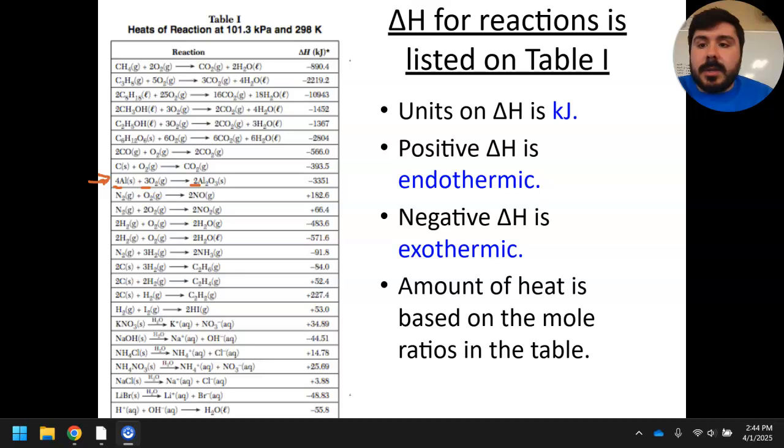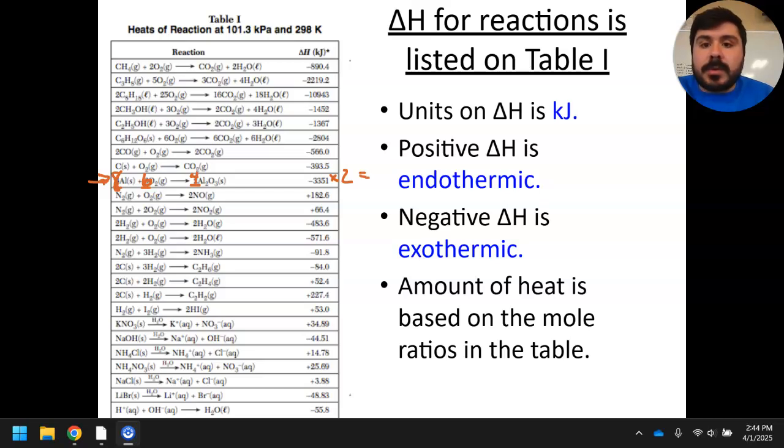So if we suddenly saw a doubling of these mole ratios, 4 being doubled to give us 8, 3 being doubled to give us 6, and 2 being doubled to give us 4, in an example problem where our mole ratios were 8, 6, and 4 respectively, this would also result in a doubling of our delta H value.